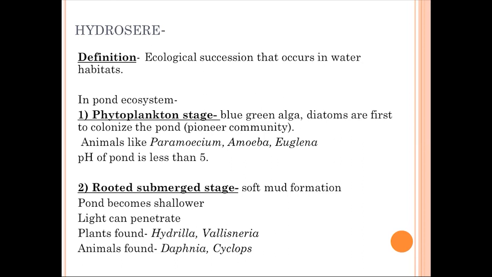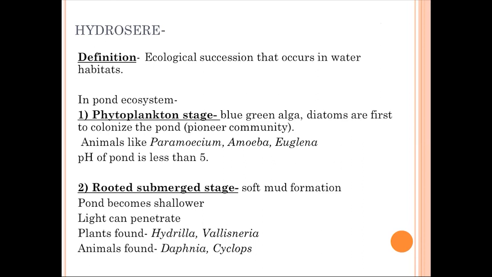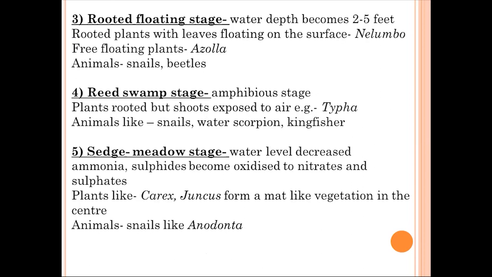Rooted submerged means their roots are fixed in the soil and they are submerged under the water. These plants are Hydrilla and Vallisneria, and animals that can be found at this stage are Daphnia and Cyclops. Daphnia and Cyclops are crustaceans.